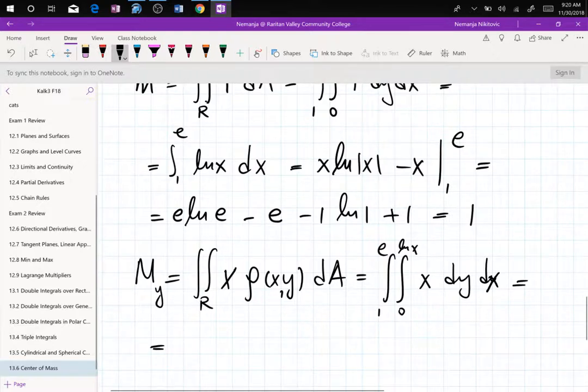So when I integrate x with respect to y, from 1 to e, I will get xy, right? So this becomes x ln x dx. And now we have to do what?